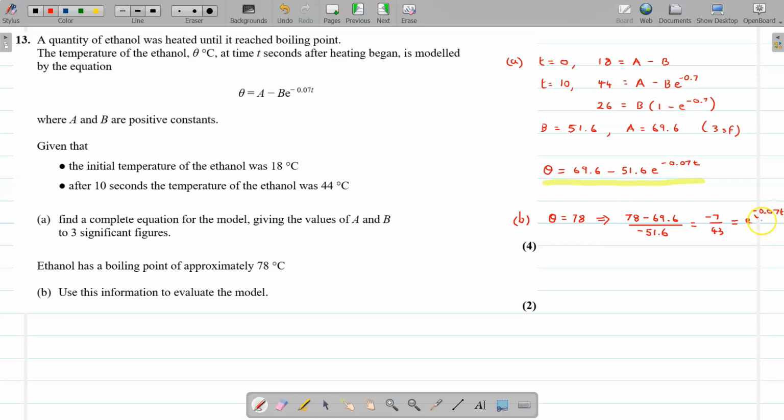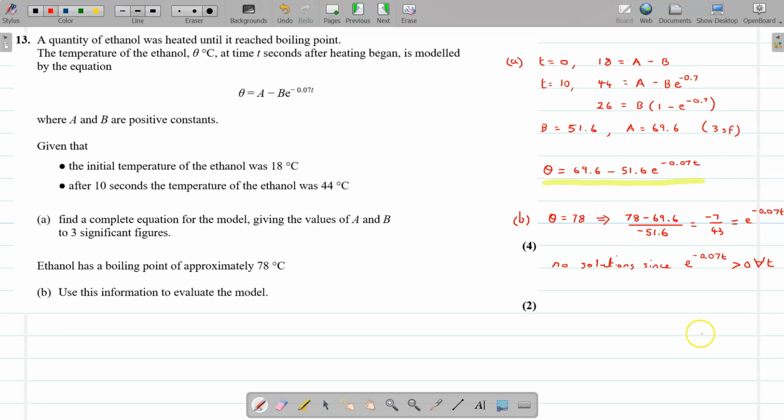So I can conclude that that has no solutions, since e to the minus 0.07t is greater than 0 for all values of t.